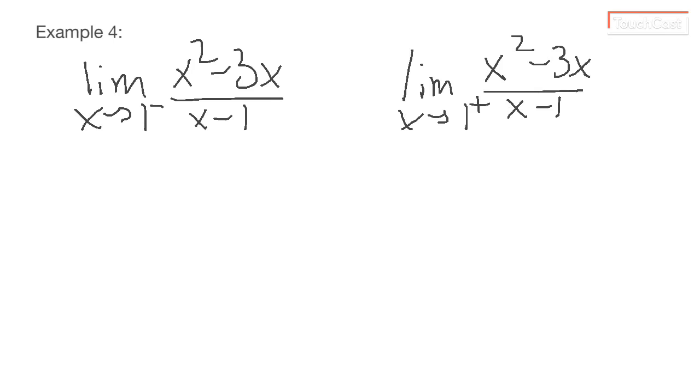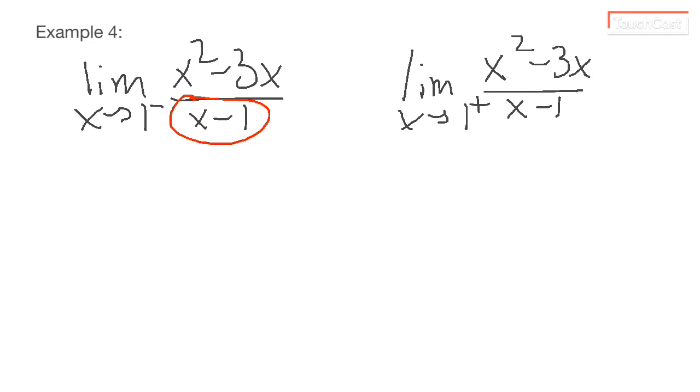So something we can take note of, we are going to have a vertical asymptote. If we were to find our vertical asymptote, we would take x minus 1, set it equal to 0. But we already know if we were to plug 1 in, we're not going to have a limit that exists there.